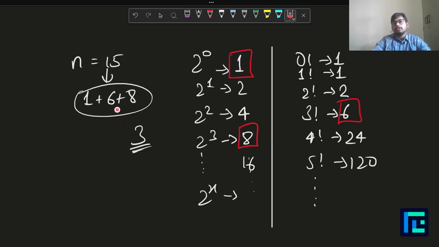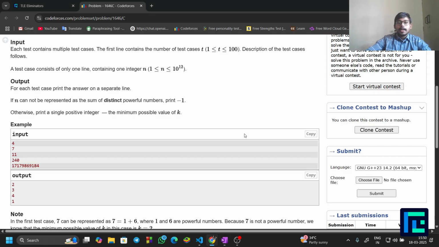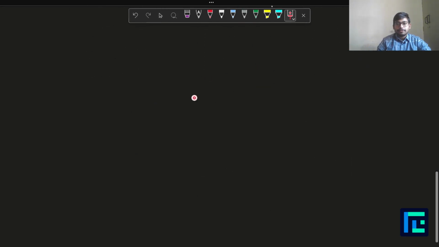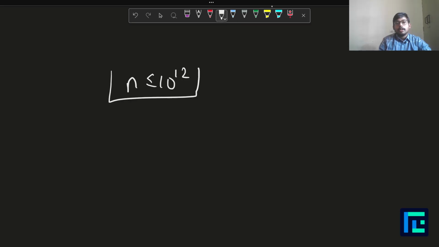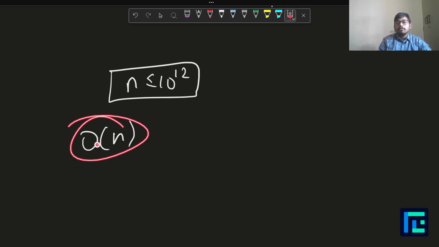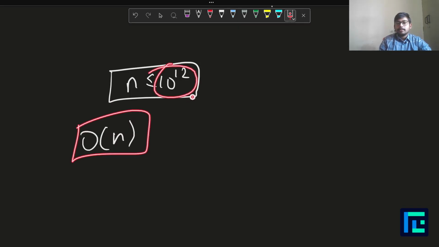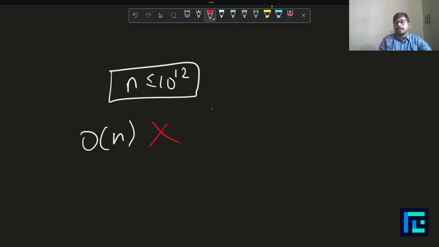I hope you understood what the problem wants you to do. Now, how do you do that? If we analyze the constraints of the problem, n is given up till 10 to the power 12. What does that mean? We cannot do something of order n. If we write a program of order n, then with 10 to the power 12, this won't be accepted.